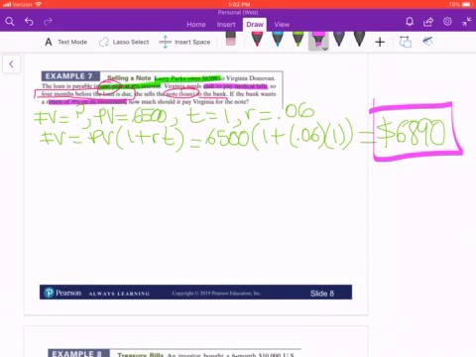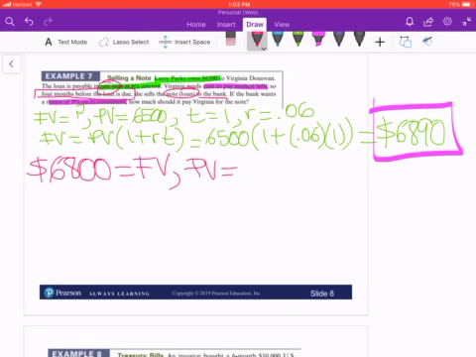So the bank has 4 months to make that a 9% return. So with this type of future value, we are looking for the present value. So this is the second part of the problem. And we have now for R, 0.09.